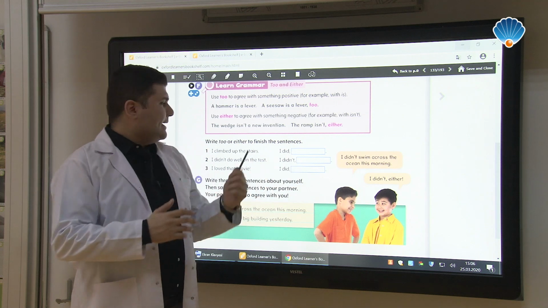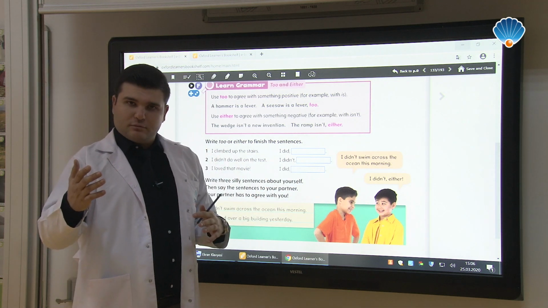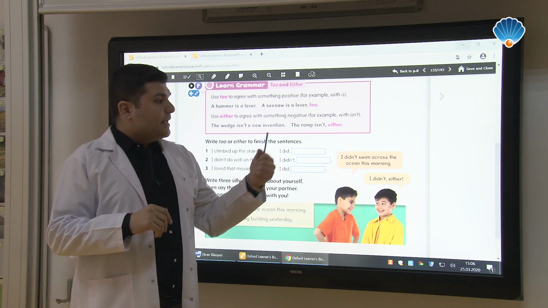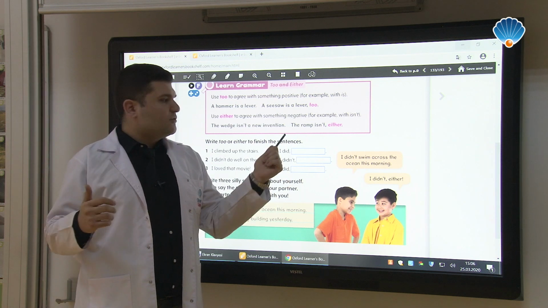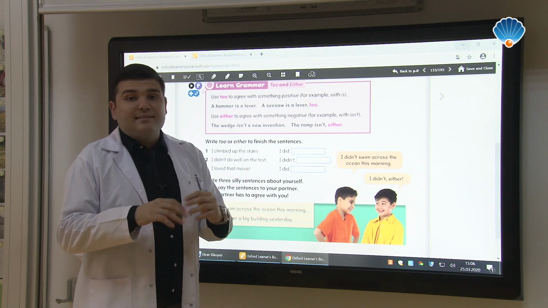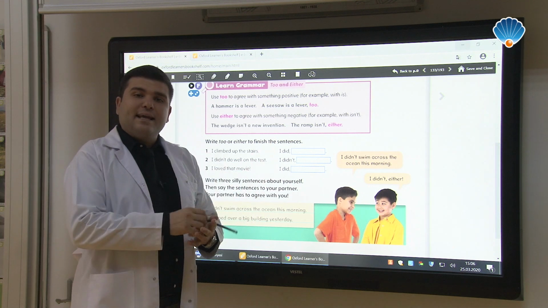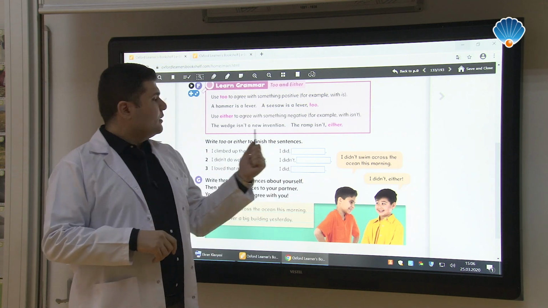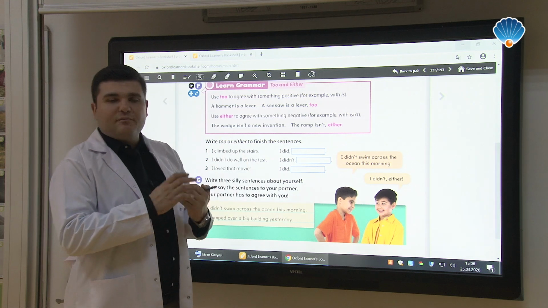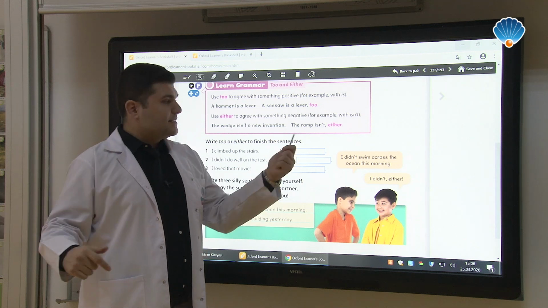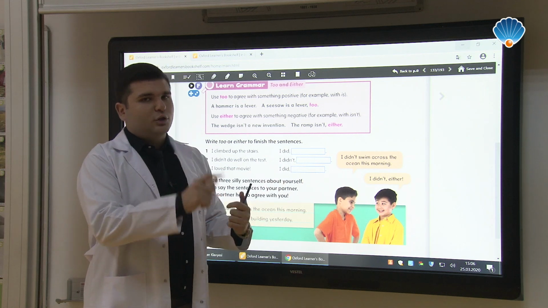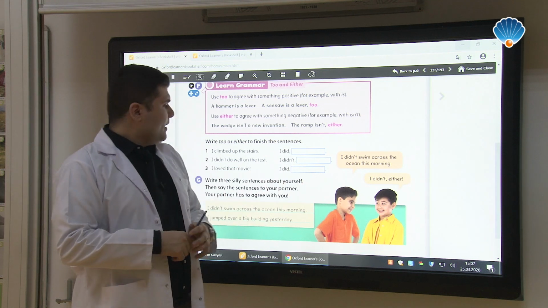So you are saying that the wedge isn't a new invention. Yes, no problem. But for a different thing, this time you will use another invention, ramp, and the ramp isn't either. So you are saying the same thing for the ramp like the wedge. So the wedge isn't a new invention, yes. So the ramp isn't either. Okay? The ramp is old too, for the positive meaning. You can use this. Okay.